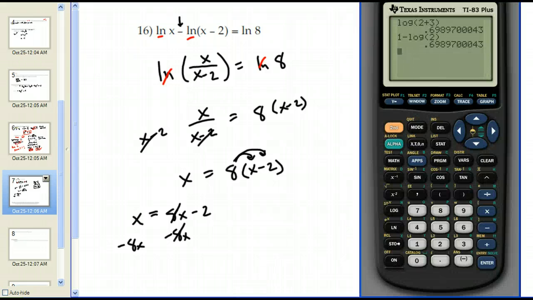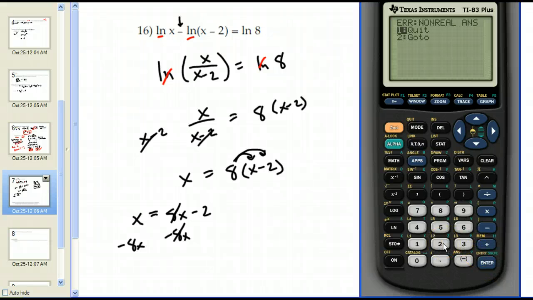Make sure you check it. So I'm going to write this time 2/7. I'm going to store that as x. Hit enter. It's going to give me the decimal approximation of it. And then I'm just going to rewrite my original equation. ln x, close parentheses, minus ln parentheses x minus 2. Hit enter.